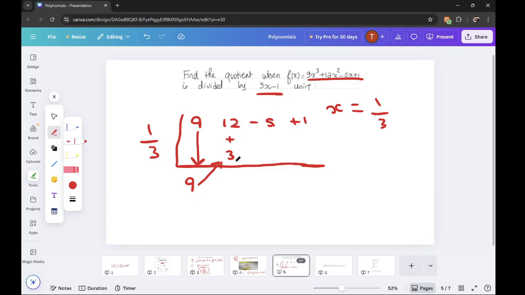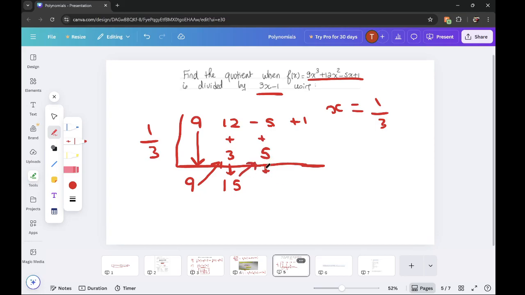So 12 plus 3 is 15, and then 15 times 1 over 3. Again, I'm doing the same thing. I'm multiplying our divisor, 1 over 3, by 15 to get 5. So again, I add these two up, and then I bring it down.